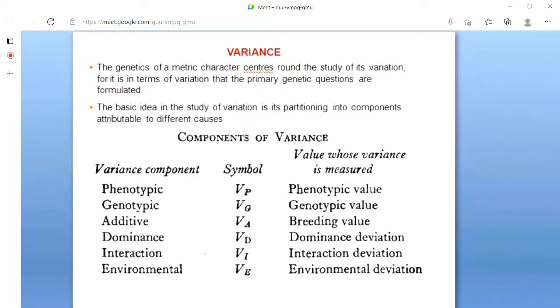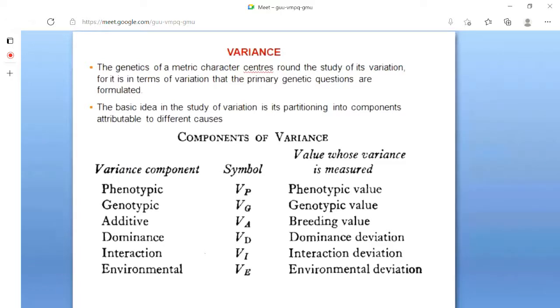What part of these components is going to be transmitted to the next generation? That is what we call heritability. Remember, heritability is the fraction of the total phenotypic variance which is due to the additive genetic source. That is heritability in the narrow sense.